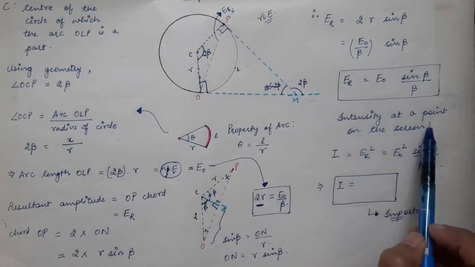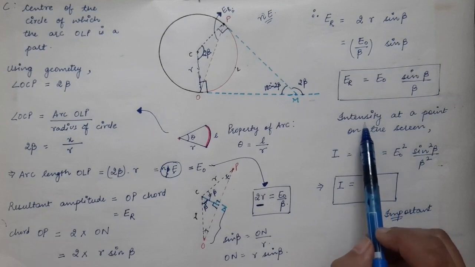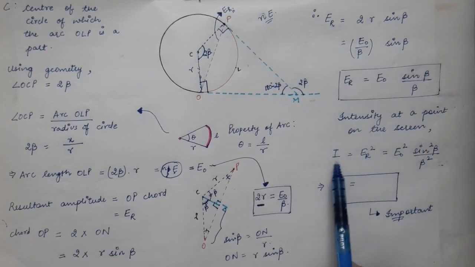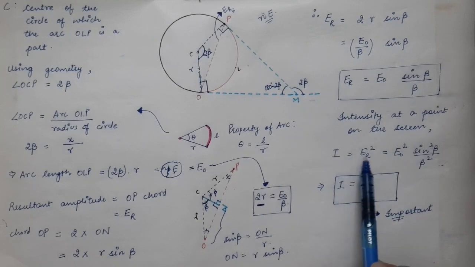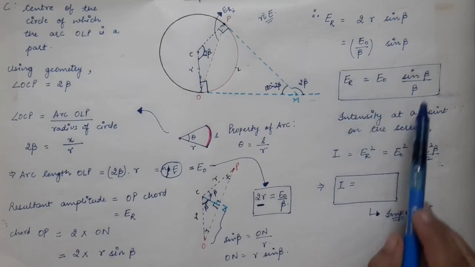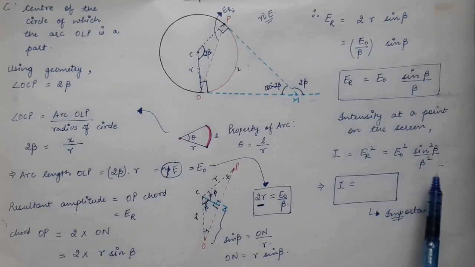And intensity at a particular point on the screen is nothing but the square of the amplitude. So intensity at a particular point on the screen, that is capital I, will be the square of ER. So it will be equal to ER square, and ER square is nothing but E0 square into sine square beta divided by beta square.